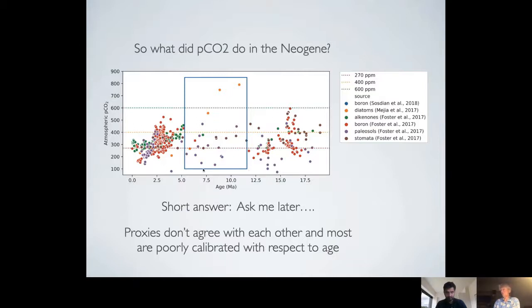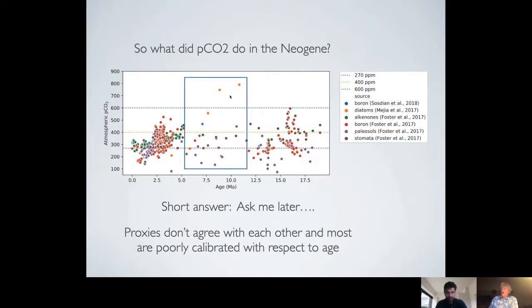And the period of the late Miocene, where we're talking about this transition in the Indian subcontinent, or at least first discovered in Pakistan, is in this time interval. And there's lots of different proxies. There's not a whole lot of data, and they don't agree with each other.